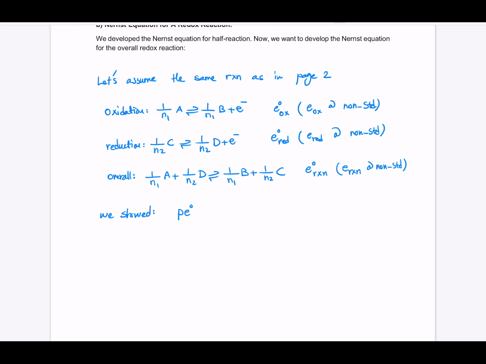Now we want to calculate what would be this value. So basically that's the whole point of this part. Because we already know these two, we just calculated these two. We show how this is related to these two, but now we want to just calculate this guy. So we show at the standard condition, this would be the case.